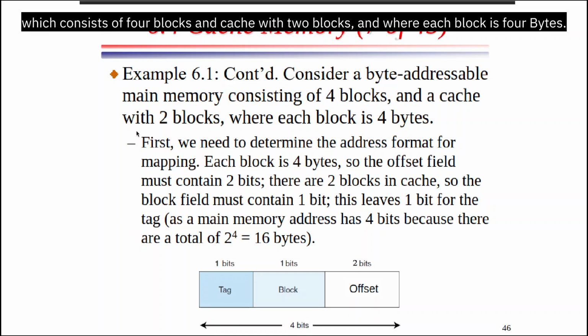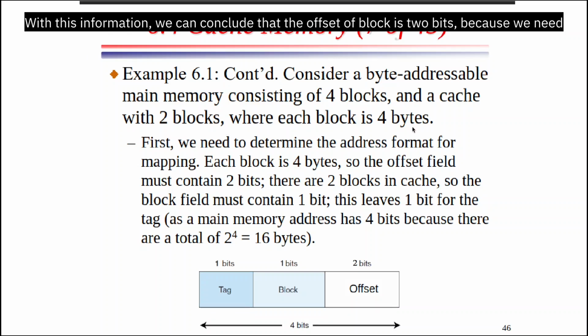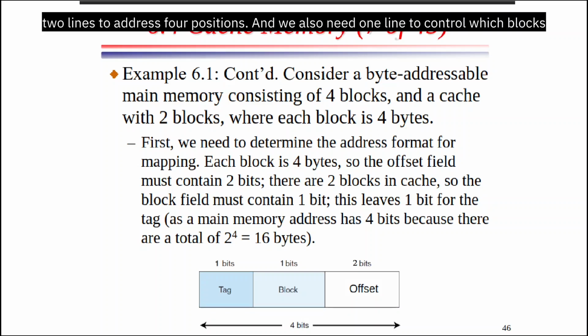Consider a specialized main memory which consists of 4 blocks and a cache with 2 blocks, where each block is 4 bytes. With this information, we can conclude that the offset is 2 bits, because we need 2 lines to address 4 positions. We also need 1 line to control which block in the cache is selected.